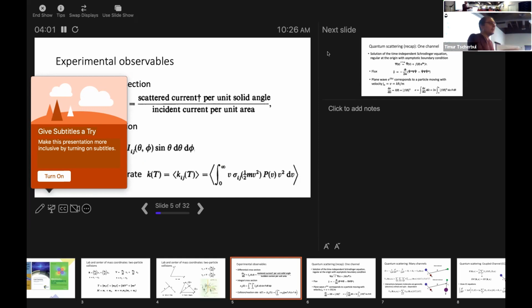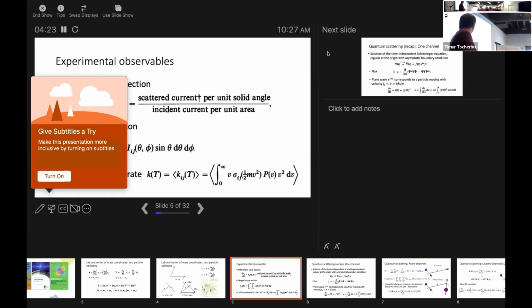That tells you how much is going in that particular direction, in the solid angle theta and phi. I took this from the Child book, but it's in Cohen-Tannoudji as well, so it's in your favorite quantum mechanics textbook. Nothing new or fancy here. This has been known since the 30s, so it's almost 100-year-old stuff.